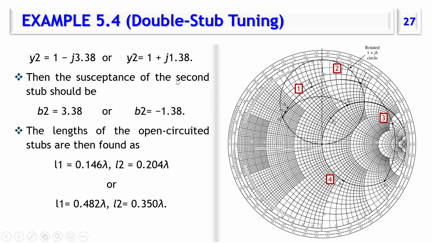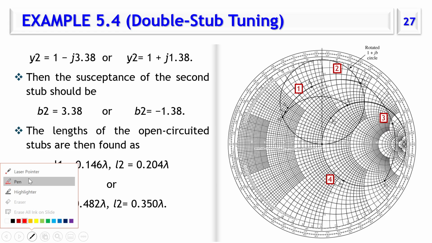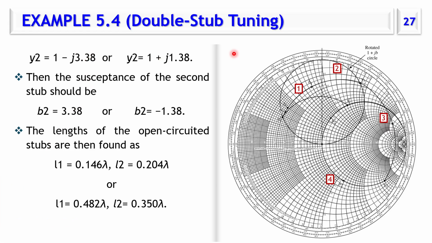So this is solution 1, this is solution 2. So for solution 1, we want the second stub to be the negative, so it's positive 3.38, and second solution minus 1.38.